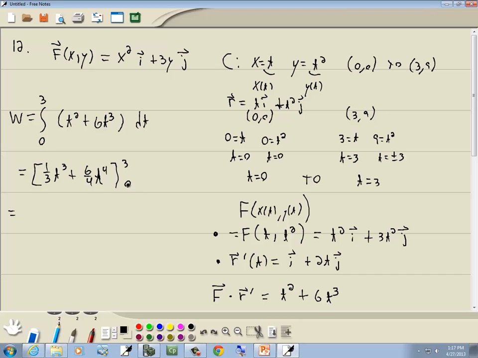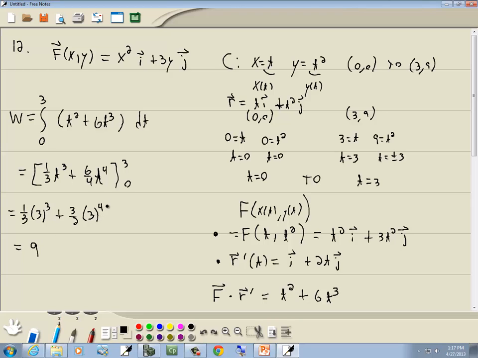Now the 0 is going to cause everything to drop away, so I just have to worry about the 3. So I got 1/3 times 3 to the third plus 3/2, 6/4 reduces, times 3 to the fourth. So 3 to the third is 27, divided by 3 is 9.